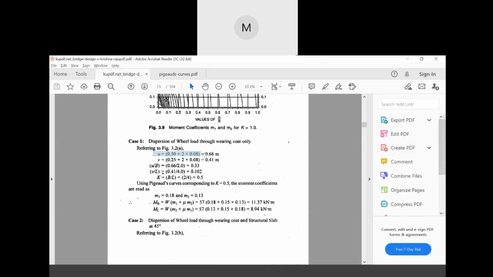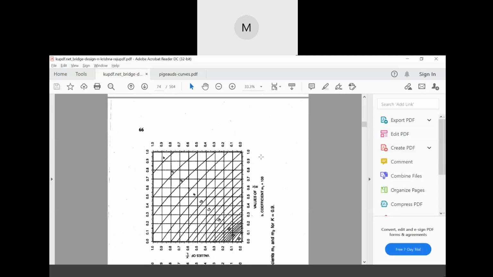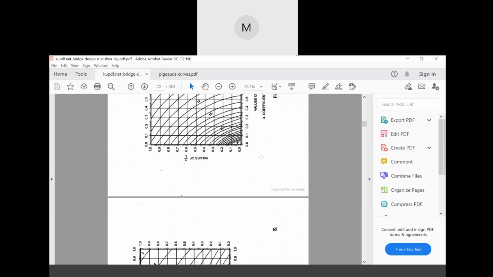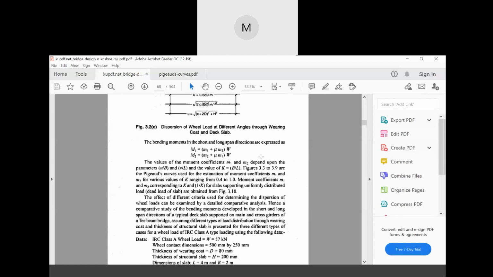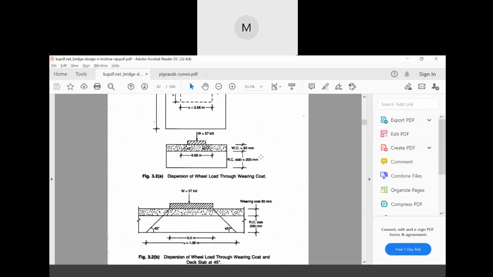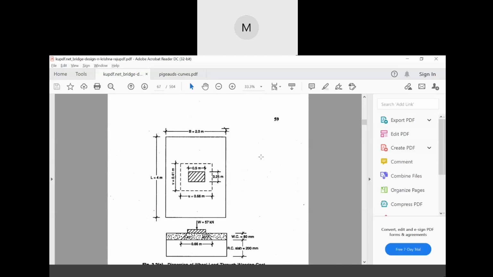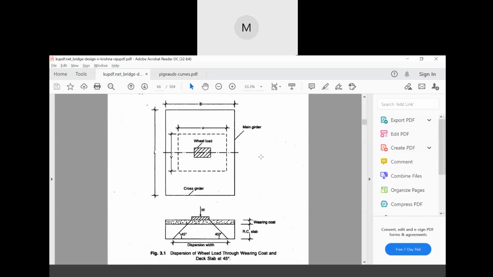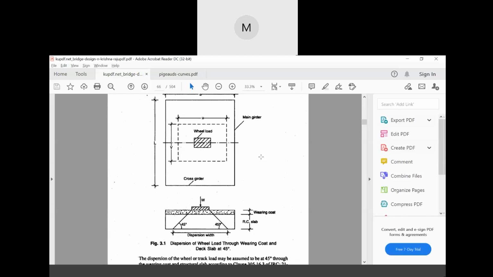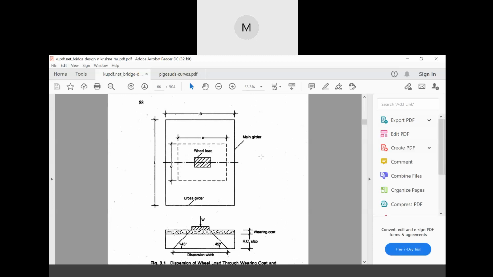This small u, first of all, you'll have to see this small u. Now, how will you find out this small u? We'll go to this part.